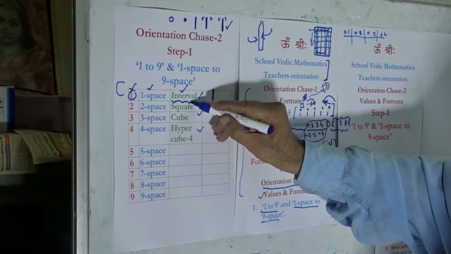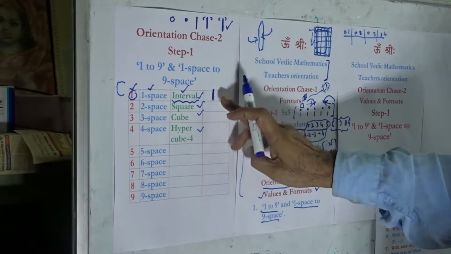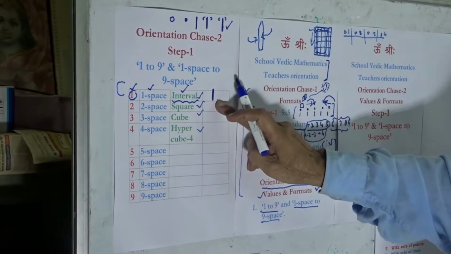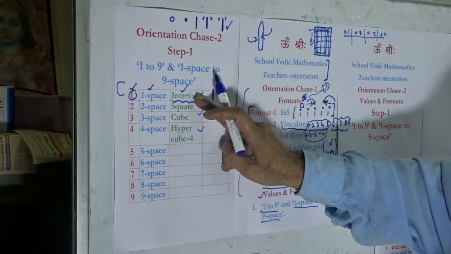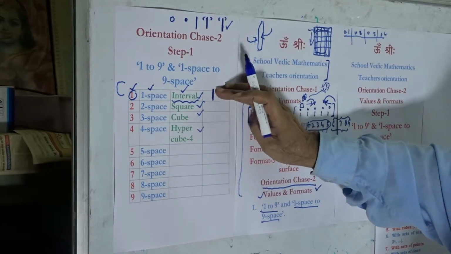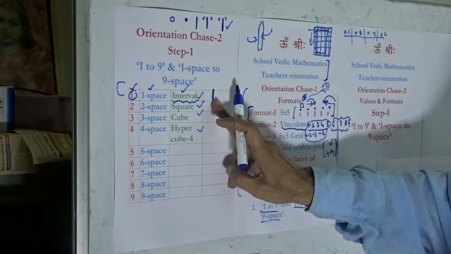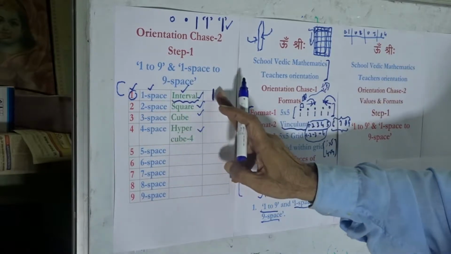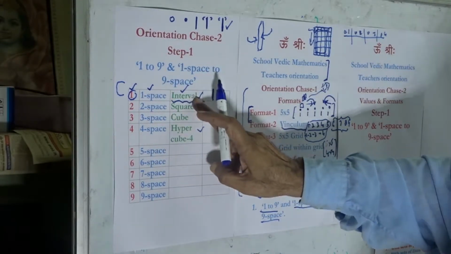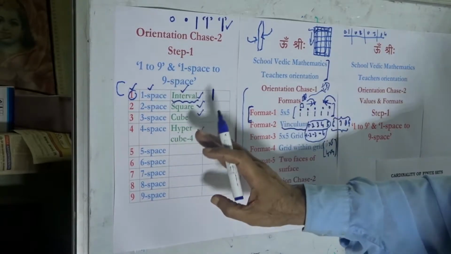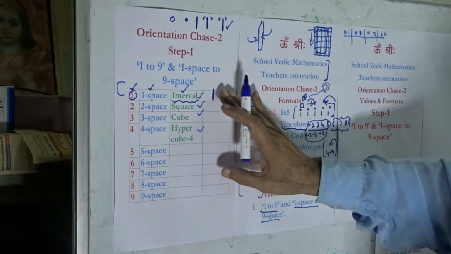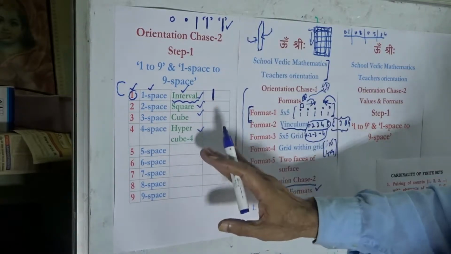So we can say that we are giving a name to this figure, this expression, as an interval, and this expression and this symbol is being associated as a value 1, and it is also taken that it is a body of one space. This step is a very big step.